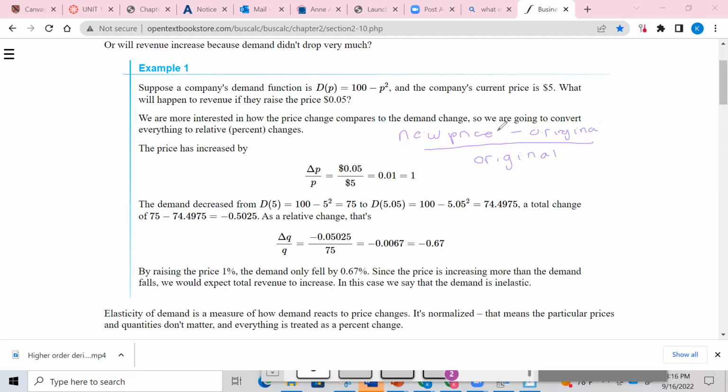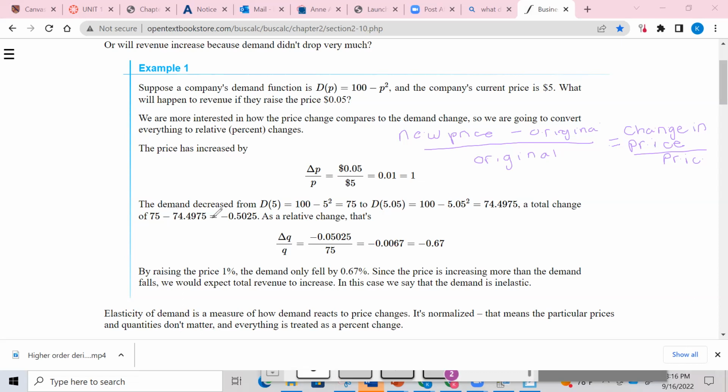We could, but the new price minus the original really is just the change in price, over the initial price. So we write it as delta P, the change in price, over the original price, which we define as P. So it'd be 0.05 over 5, which is 0.01, which as a percentage is 1%.